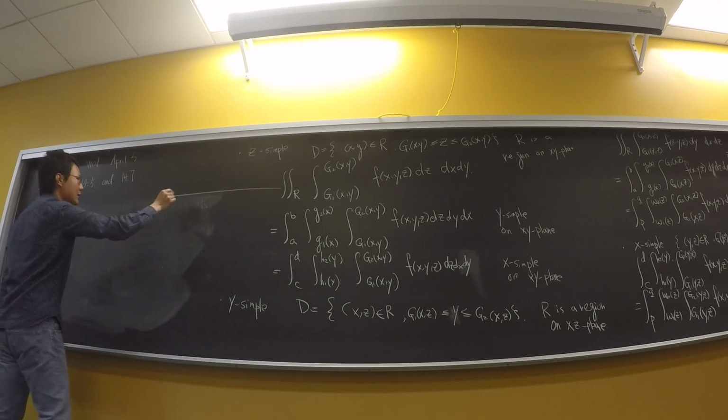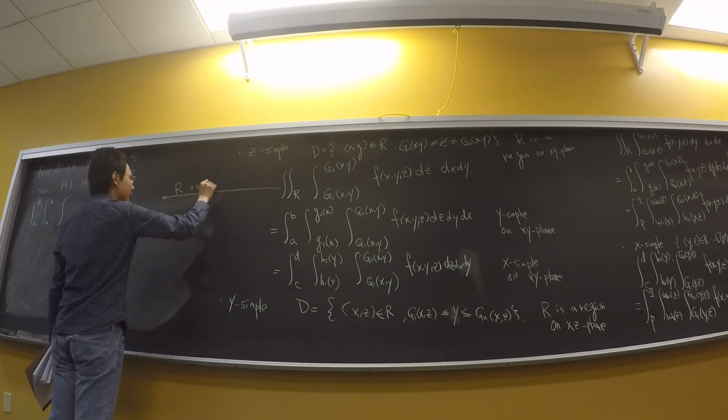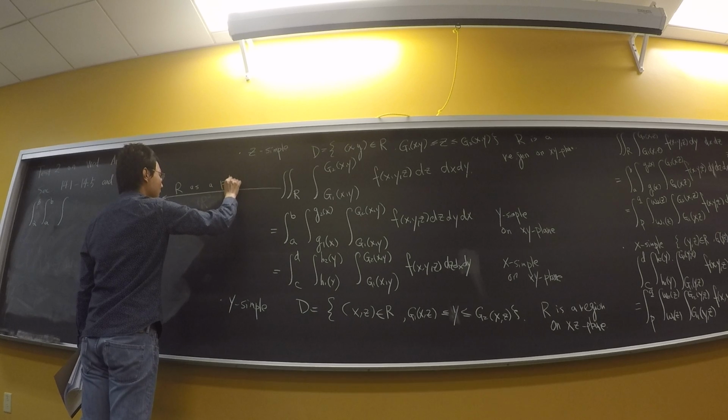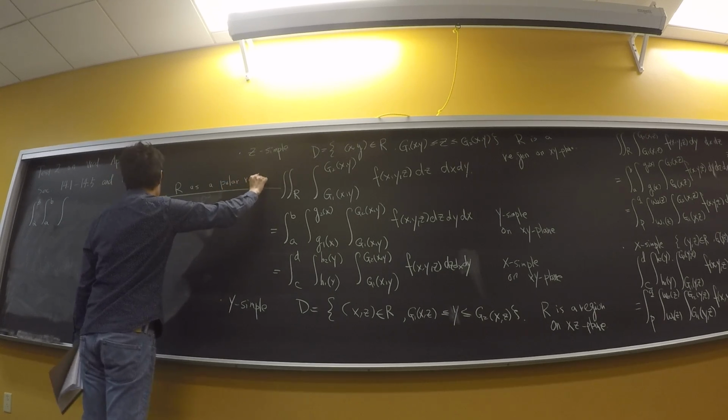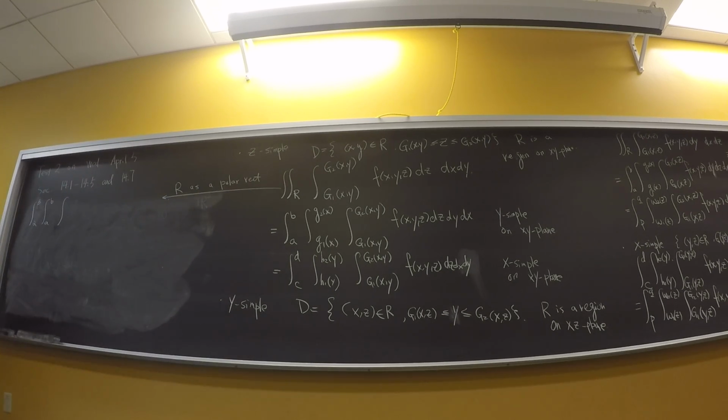I want to identify R as a polar rectangle. Okay, so a polar rectangle means R is equal to R theta, where R is bounded between A and B, theta is between alpha and beta. So I have two numbers for the radius, and two angles for the angle theta.